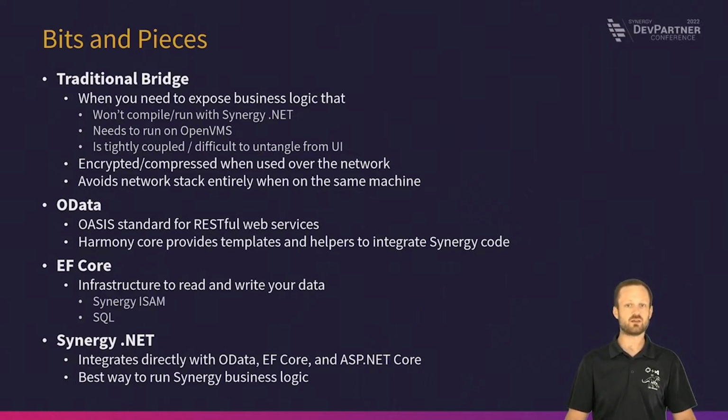That means that you can run it on OpenVMS, or if your code is tightly coupled with existing Toolkit applications, it can be a lot easier to get it into Traditional Bridge than taking it straight to Synergy.NET web services. And we have some new features that I'll talk about later that can actually help you get there a little bit easier in that scenario.